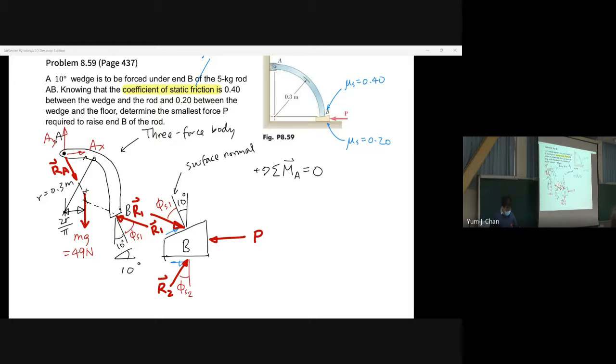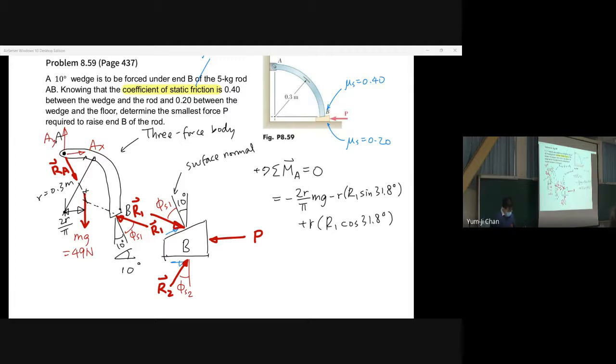It means negative 2R over pi times mg, minus R times R1 times sine 31.8 degrees, plus R times R1 times cosine 31.8 degrees.